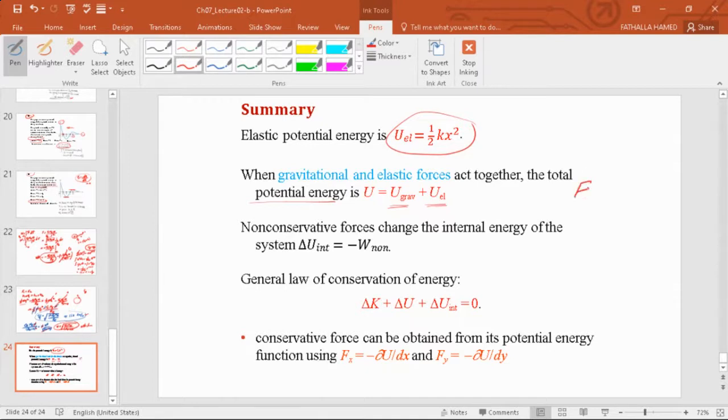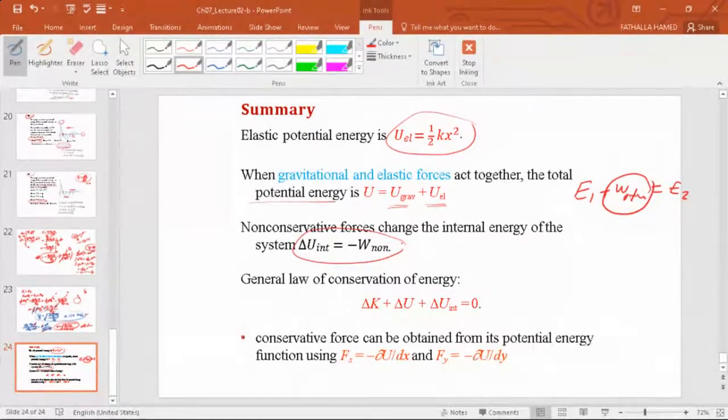We said that E1 plus work done by other forces should equal E2. So where does this energy go? Actually, it goes in changing the internal energy of the system, not the object. And that's why we say that delta U in turn will equal minus the work done by non-conservative forces.